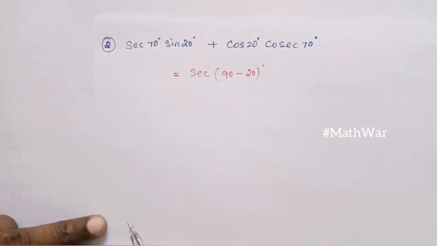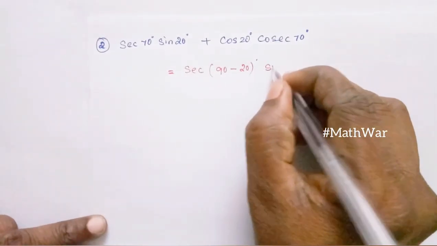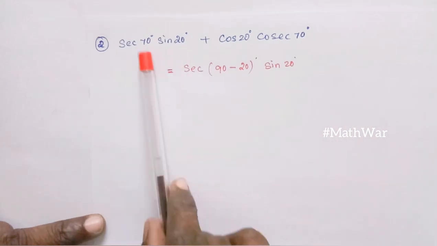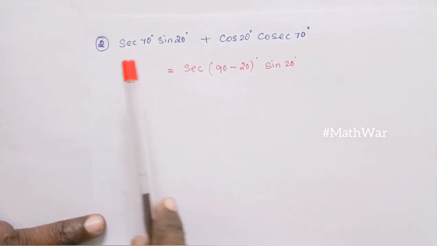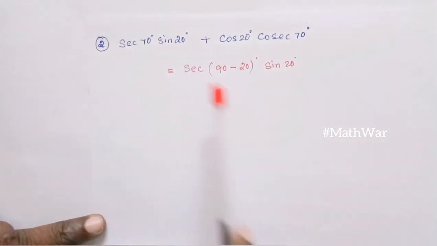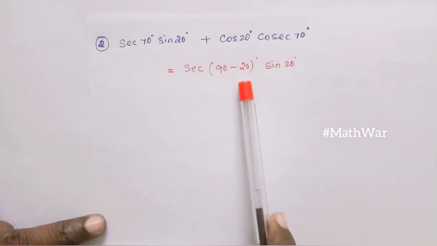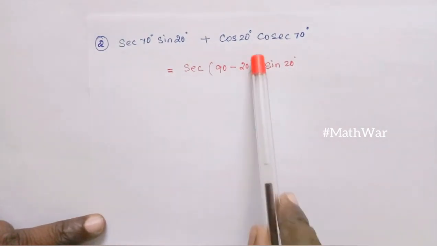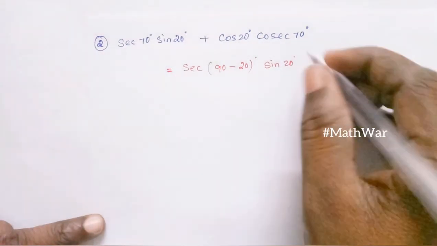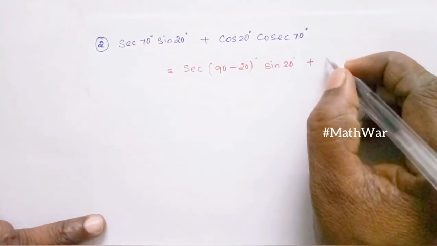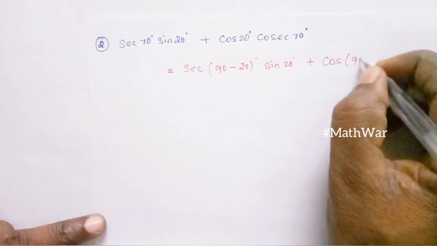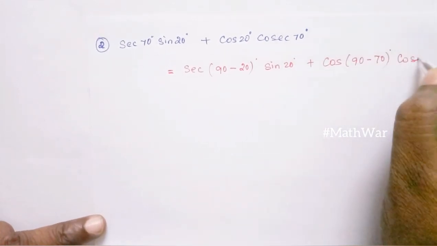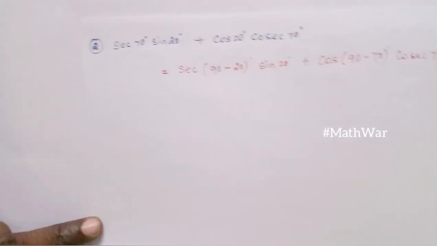Why we are writing like this: here 70, here 20, if you add, we will get 90 degree. 90 minus 20 is 70, no? So secant of 90 minus 20 degree into sin 20 degree plus cos 20 degree can be written as cos of 90 minus 70 degree into cosecant 70 degree.